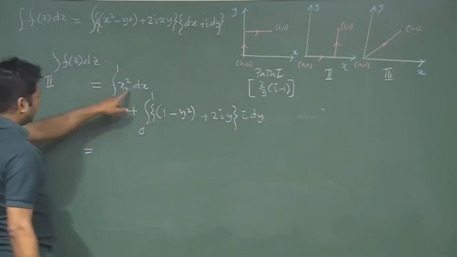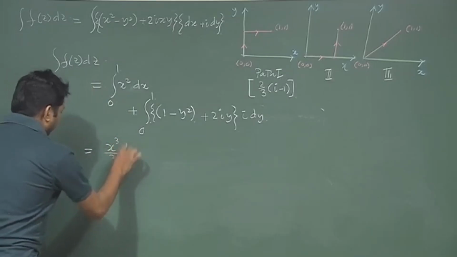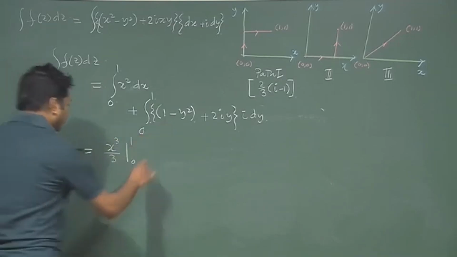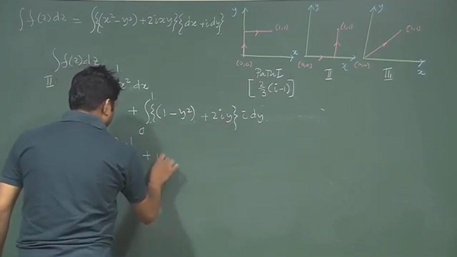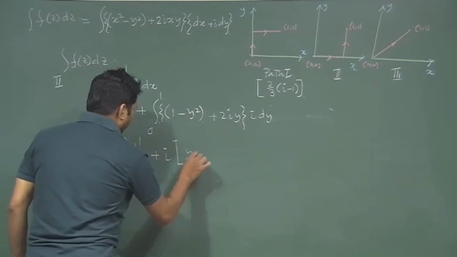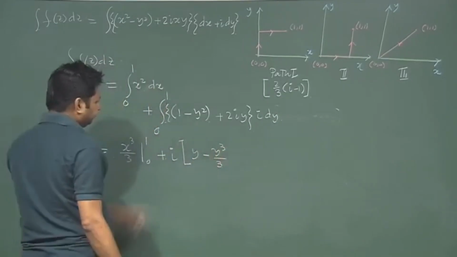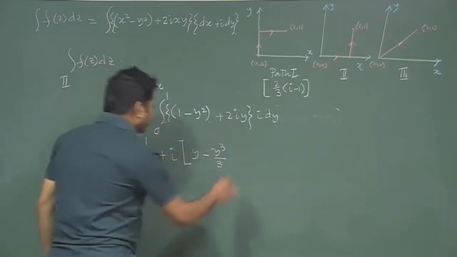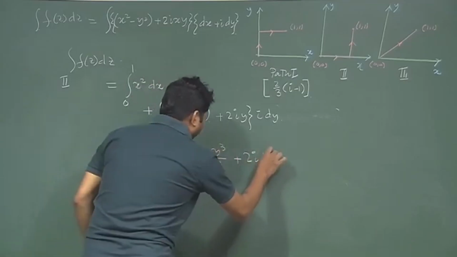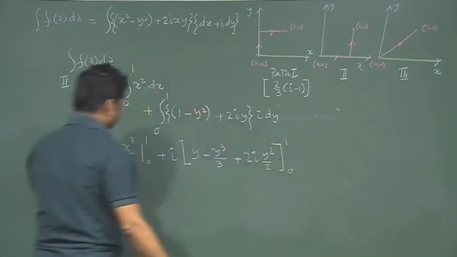If I evaluate the first part, it is x cube divided by 3, 0 to 1. The next part I take term by term, so I take i outside. It is the integration of y minus y cube by 3, plus 2i times y square by 2, with the limit 0 to 1.